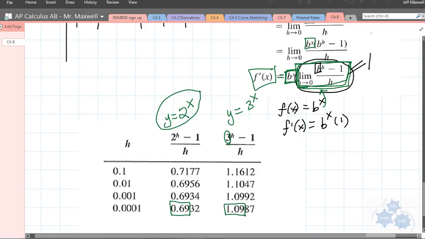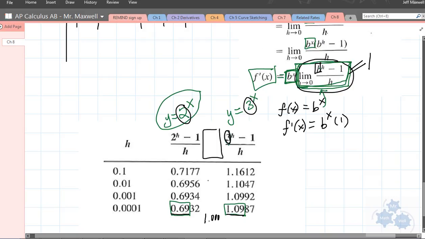So once again, the limit for y equals 2 to the power of x is approaching somewhere around 0.69. And the limit here, when 3 is the base, is about 1.09. So somewhere in between 2 and 3, do you see how the limit with that special base should be 1.000?